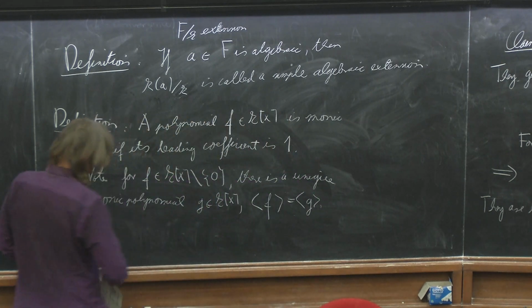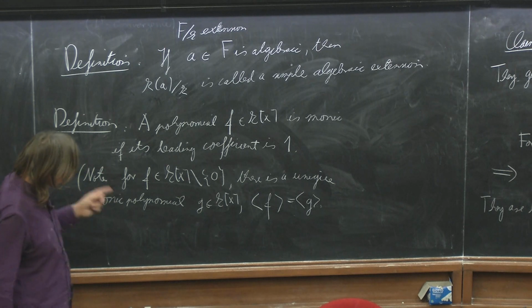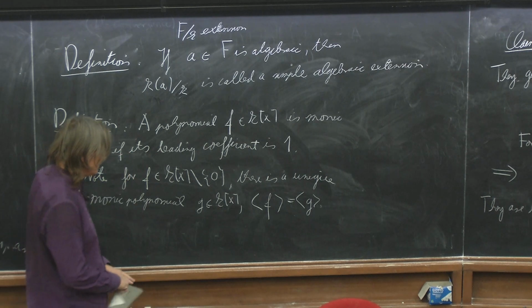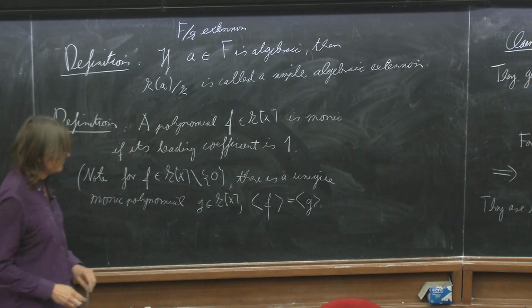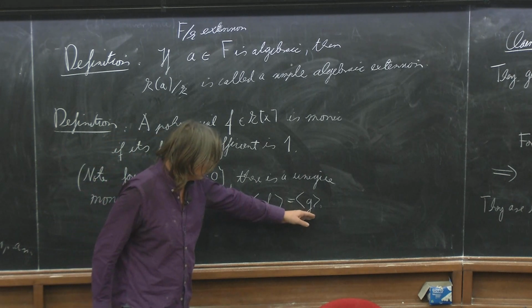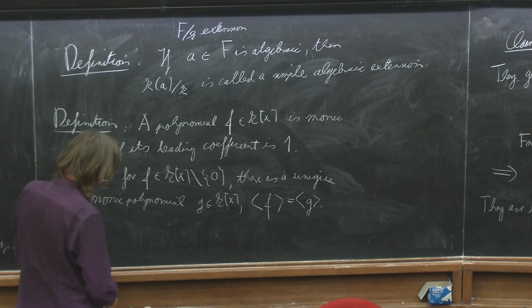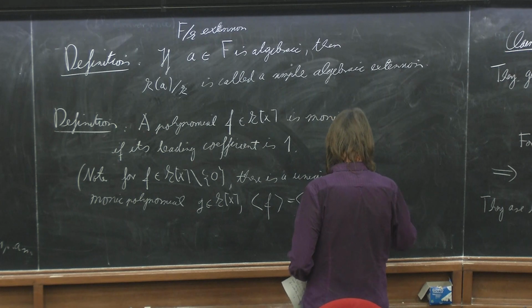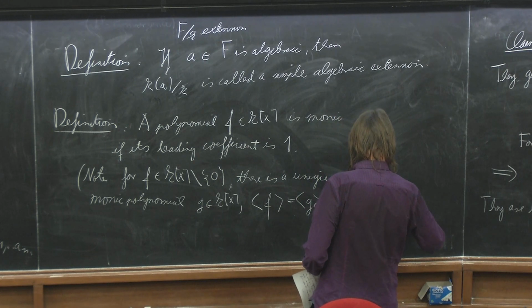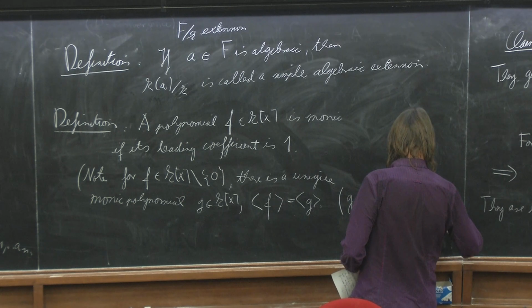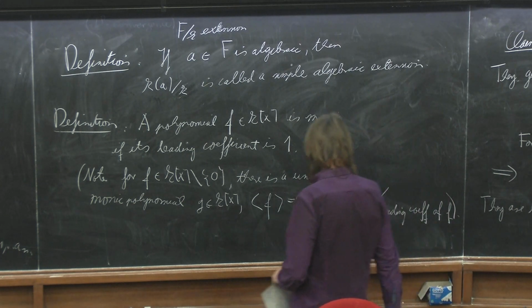And obviously this monic polynomial is just obtained as follows. We take f and we divide it by its leading coefficient. Then it becomes monic. And we have just divided by a unit in the polynomial ring. And so they generate the same ideal.